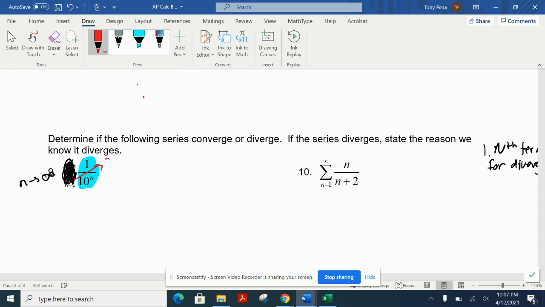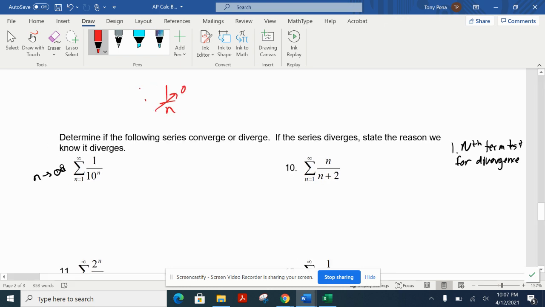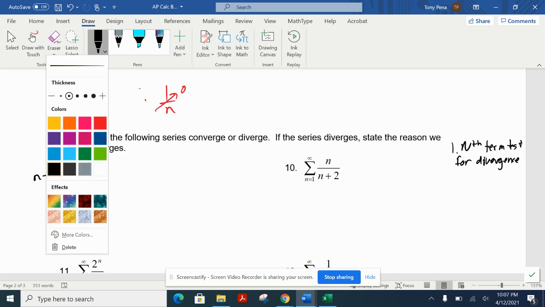So this definitely has a limit of 0. So what that means is it passes the nth term test. That's somewhat unfortunate, because if it fails the nth term test, you're done. You would just say that this series diverges. But when it passes the nth term test, it's kind of like the harmonic series. This passes the nth term test, but it still diverges. So we need to continue on. So the second way that we did these, second type of thing that we dealt with, is a geometric series.